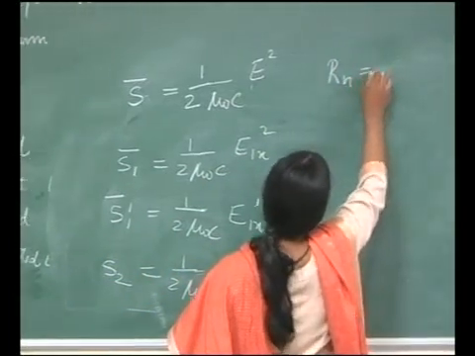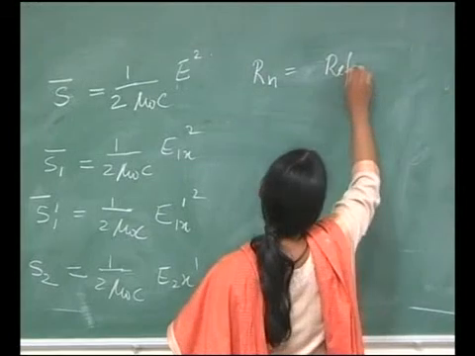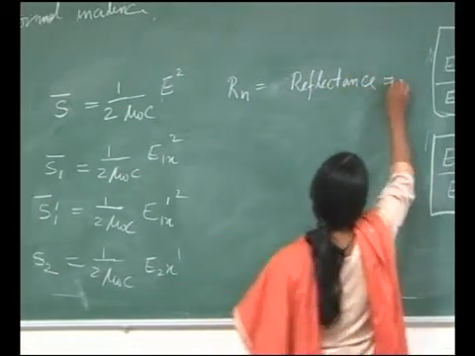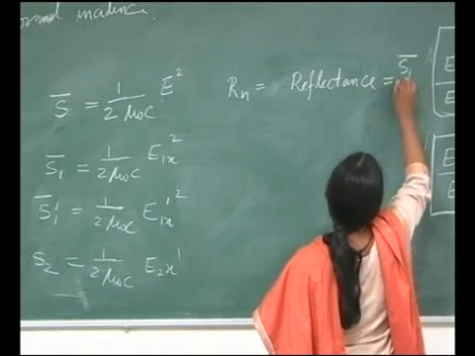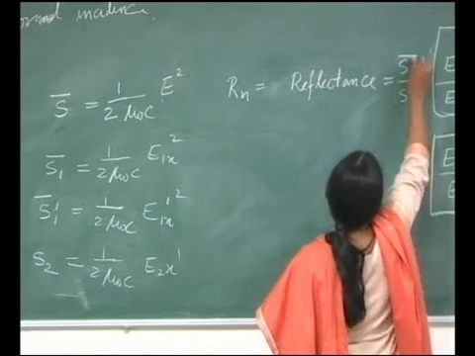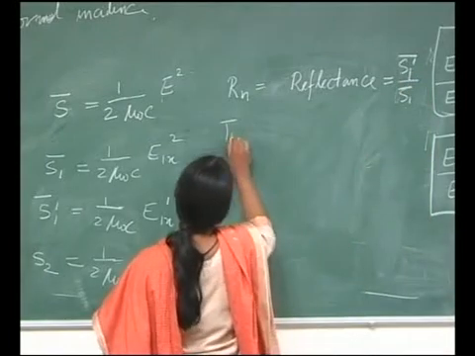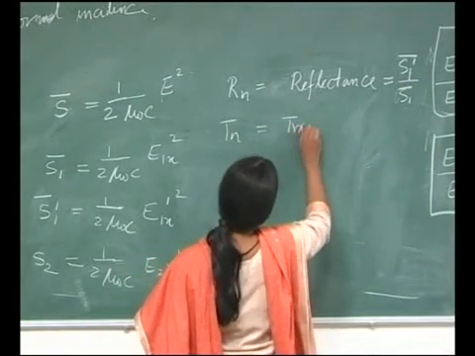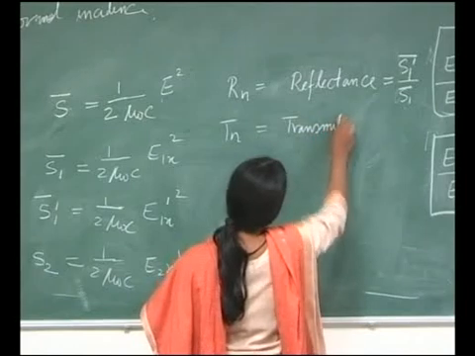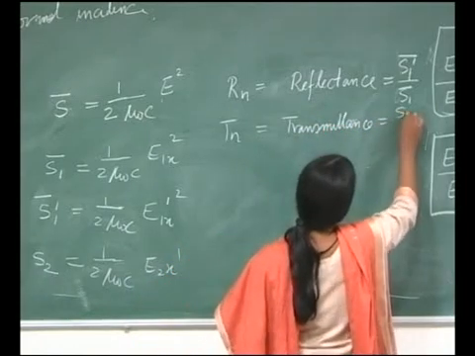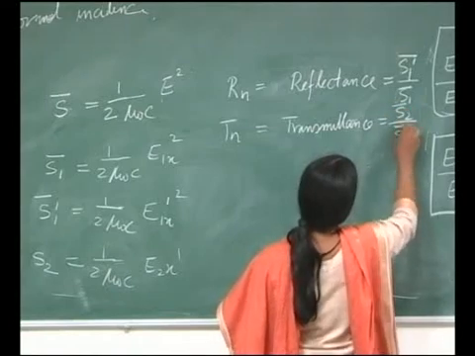Rn is called the reflectance, and this is equal to S1' average by S1 average, and the transmittance Tn is equal to S2 bar divided by S1 bar.